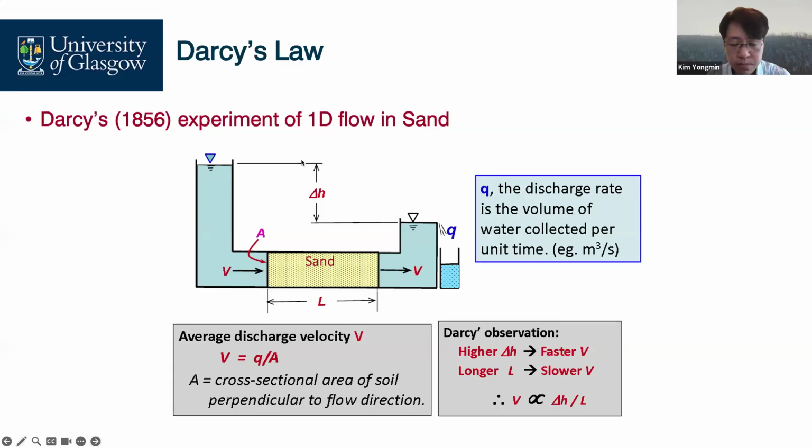Then we can control delta H, which is the head loss, and we can also control the length. Then he placed sand material in between two different points. Probably this sand material has different total heads here and here.